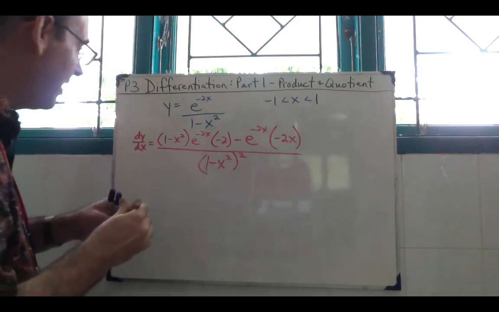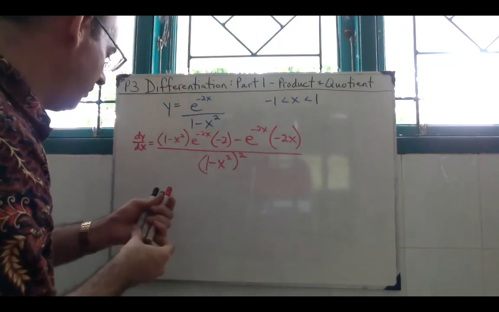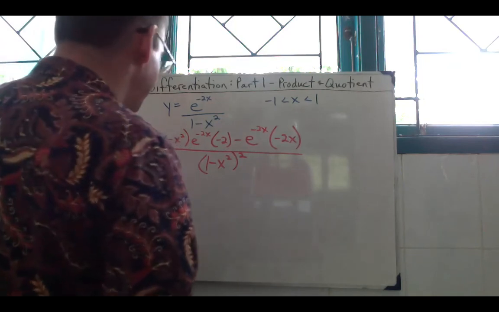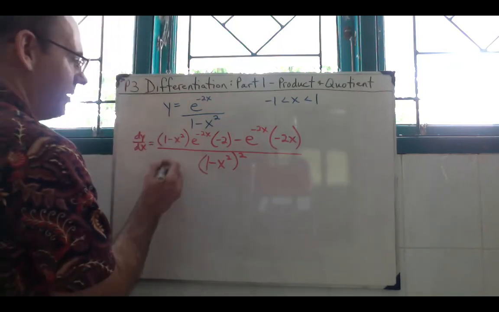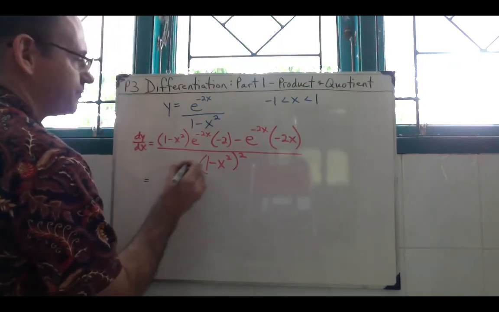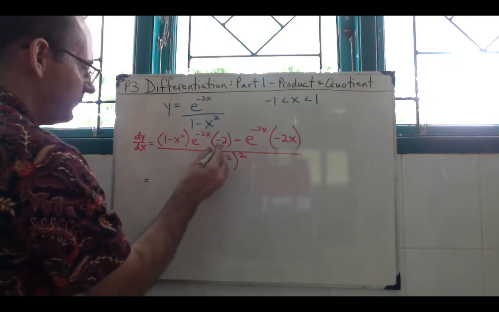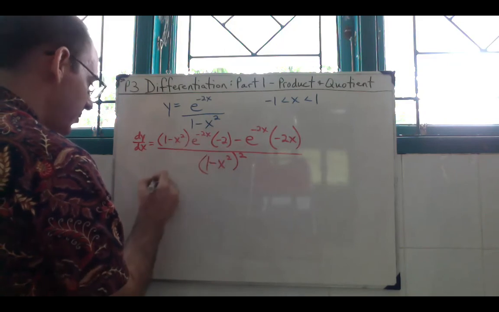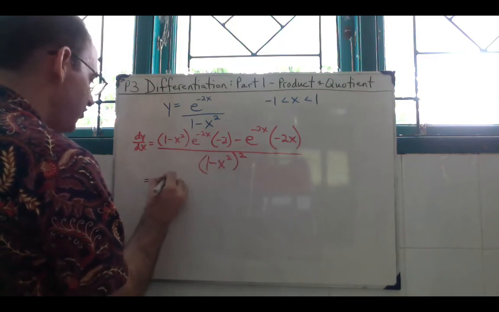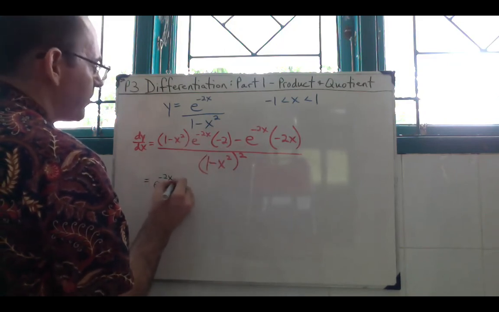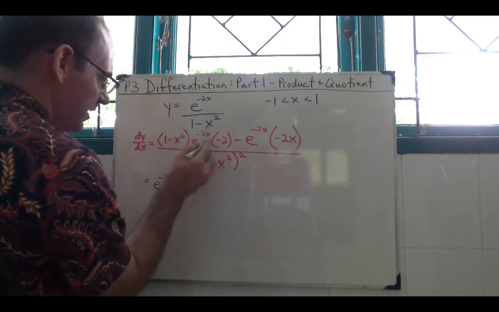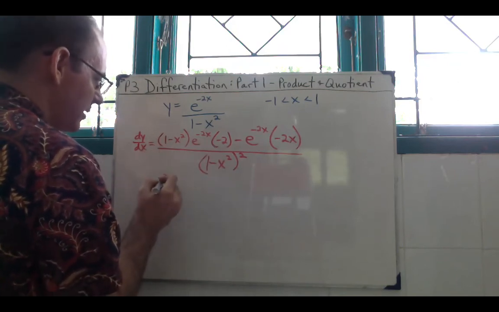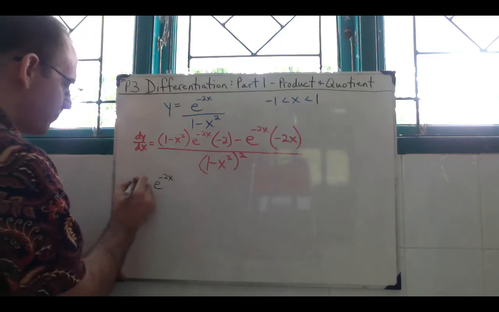Okay. Now, if we want to simplify this a little bit, here we have a negative 2 times this. So let's put our e to the negative 2x here, times negative 2 times the 1.